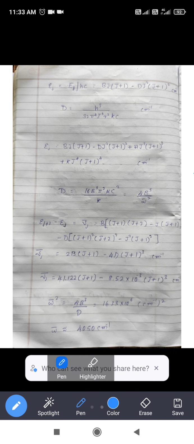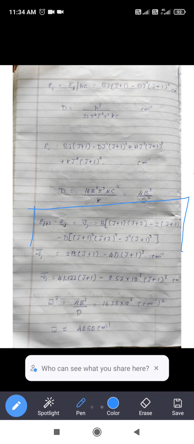So the molecule is in the EJ plus 1 energy level. Here the molecule makes a transition from EJ plus 1 to EJ, which is equal to nu J bar.